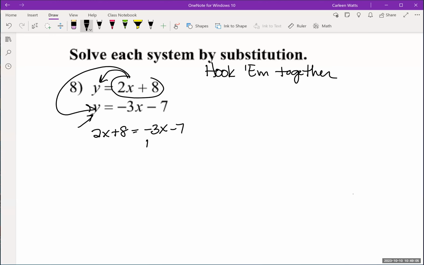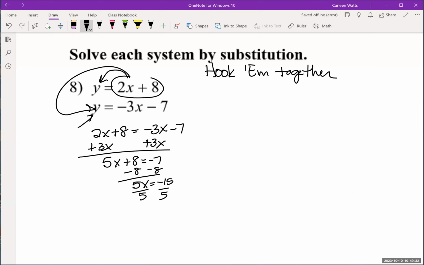Okay, let's solve. Add 3x to both sides. 5x plus 8 is equal to negative 7. Subtract 8. 5x is equal to negative 15. Divide by 5. x is equal to negative 3.